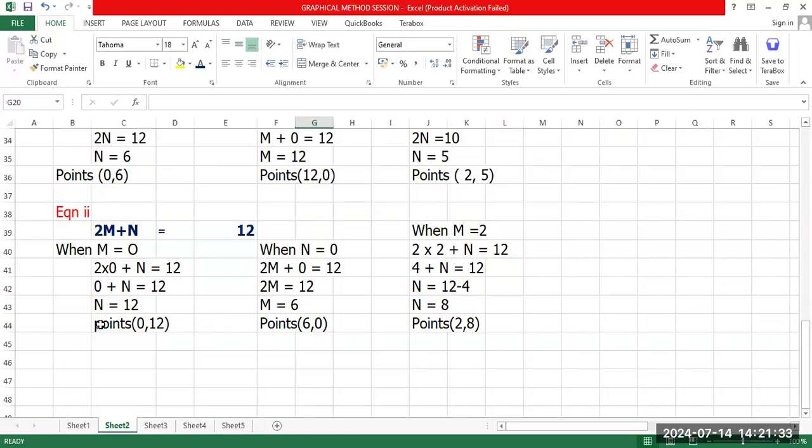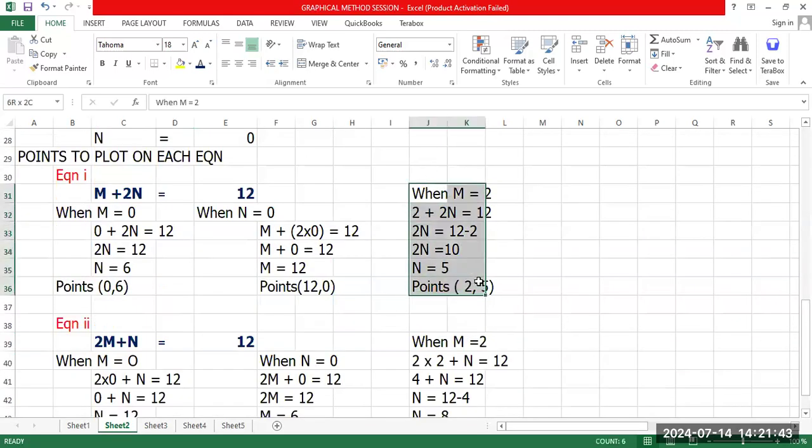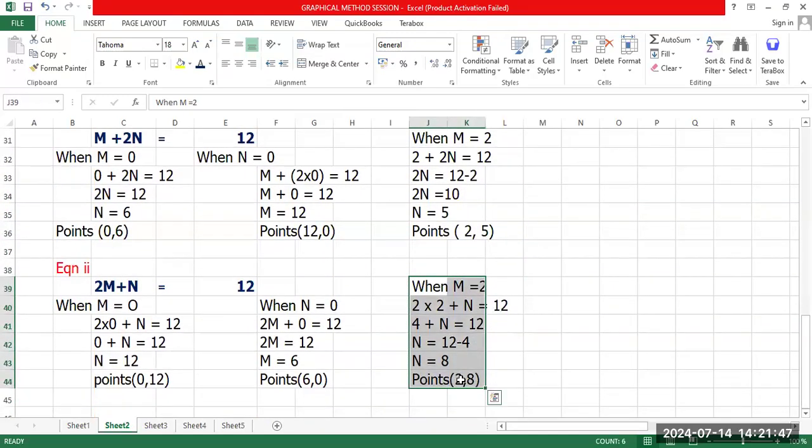What you're interested in is just to get points to plot. And I'm adding another thing here, just if you have time. But if you have this and this, that is enough.